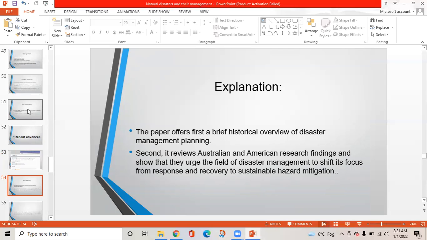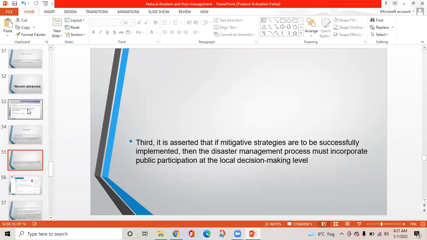Second, it reviews Australian and American research findings and shows that they urge the field of disaster management to shift its focus from response and recovery to sustainable hazard mitigation. Third, it is asserted that if mitigative strategies are to be successfully implemented, then the disaster management process must incorporate public participation at the local decision making level.